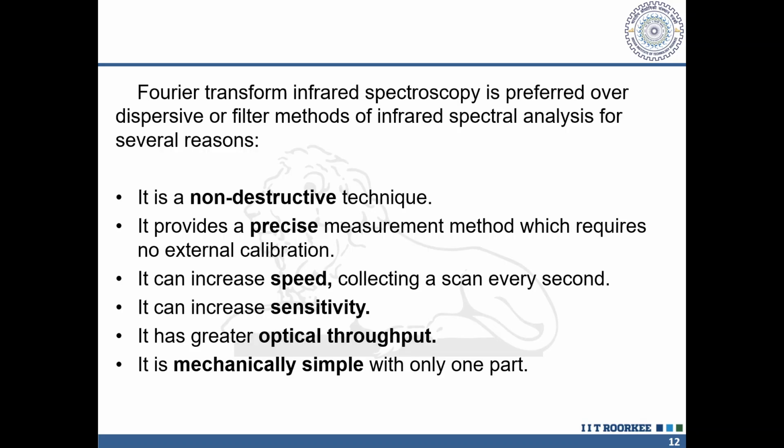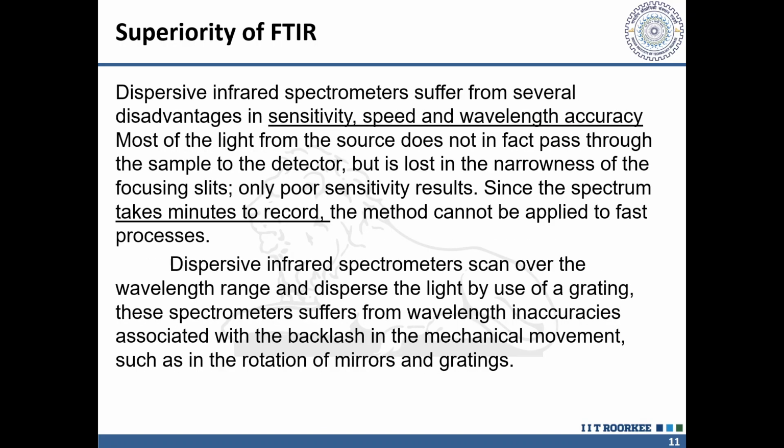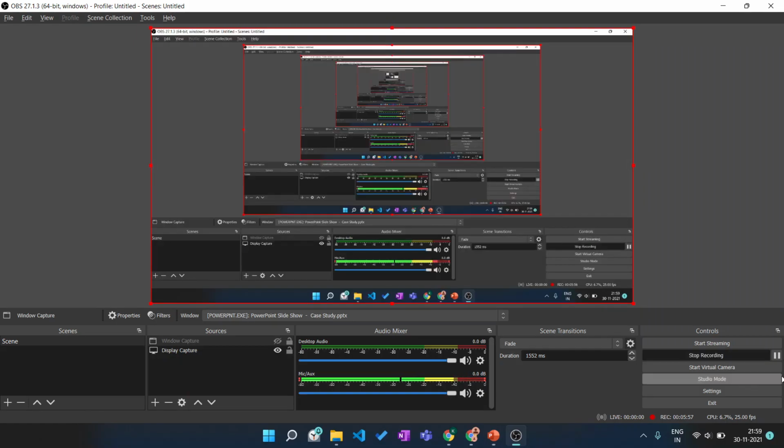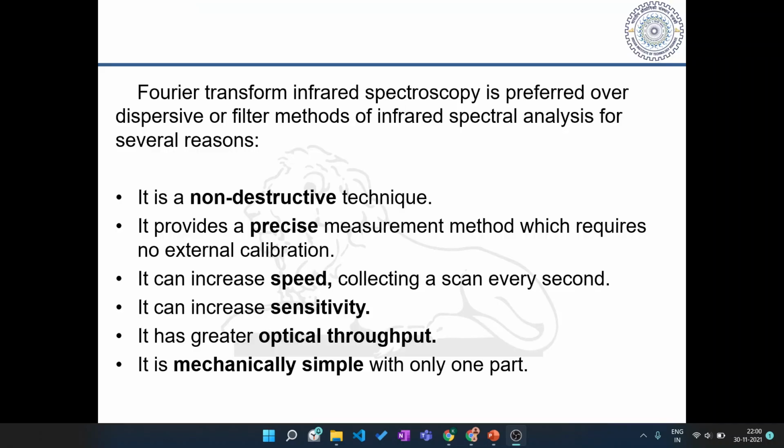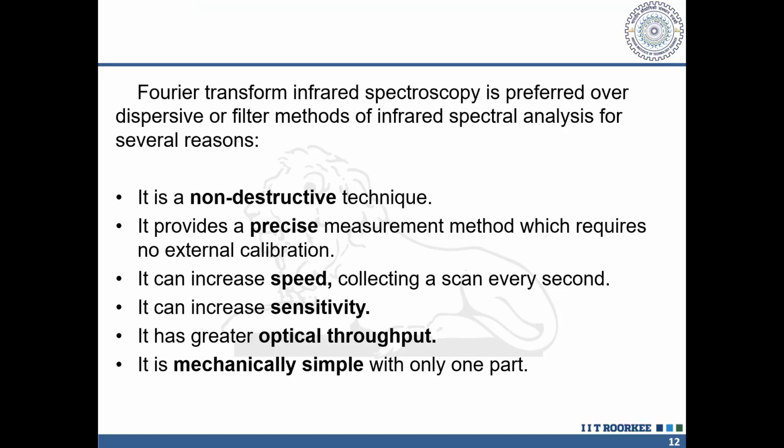Also, I have given some superiority of FTIR. So friends, Fourier transform infrared spectroscopy is preferred over dispersive or filter methods of infrared spectral analysis for several reasons. It is a non-destructive technique. It provides a precise measurement method which requires no external calibration.